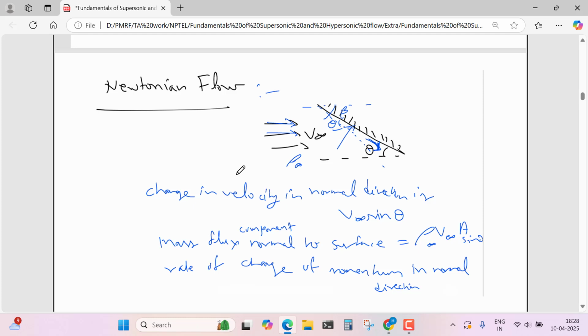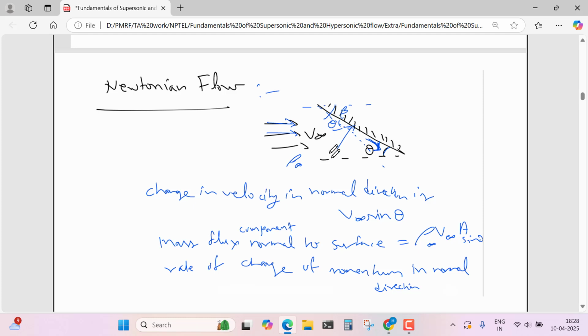Let's say there is a flat plate which is kept in the free stream at an angle theta. We have to find what the Cp on the body is.